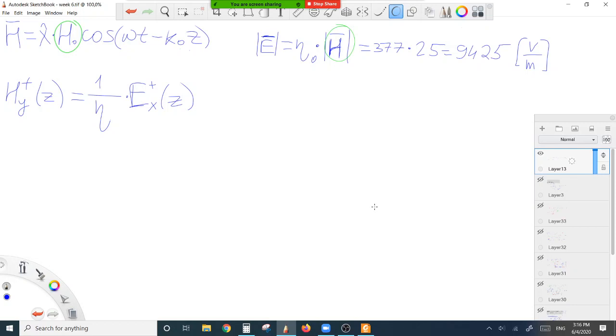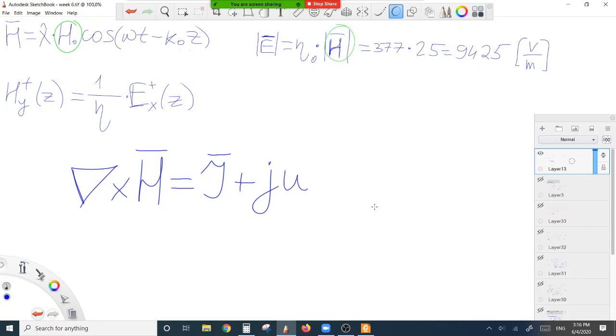Ampere's law states that the curl of the magnetic field intensity is equal to J plus j omega D.